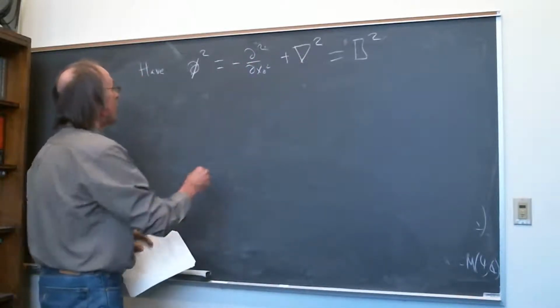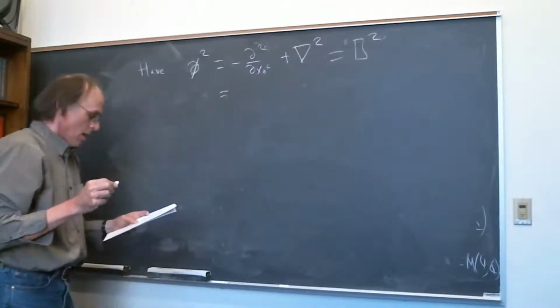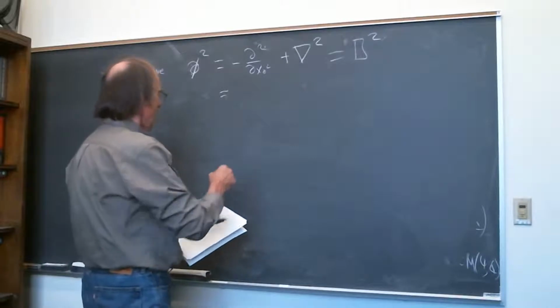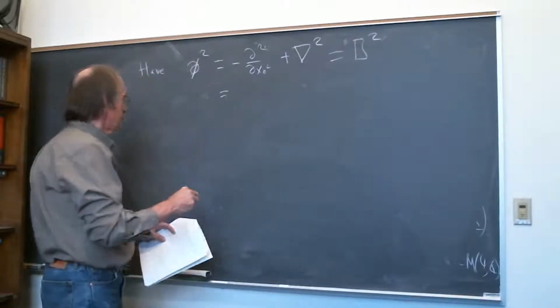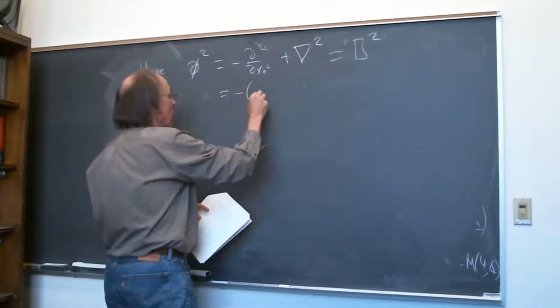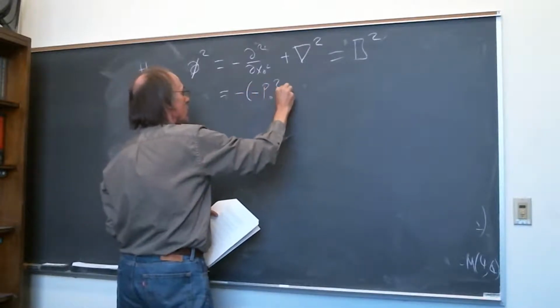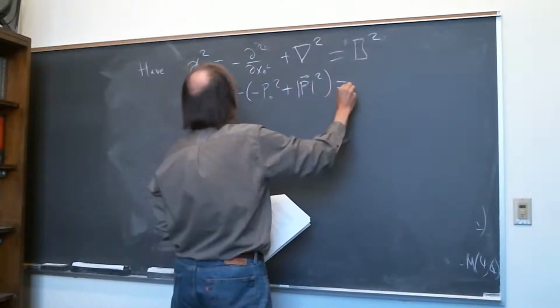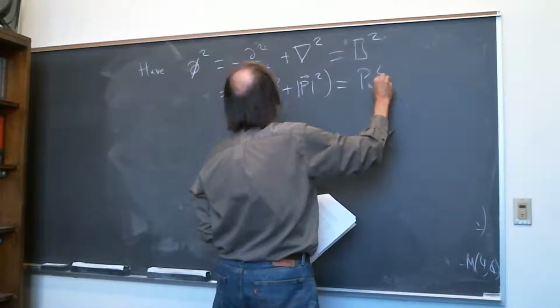If you write this in terms of p's, those i's give you a minus sign, and you have minus p0 squared plus p vector squared.